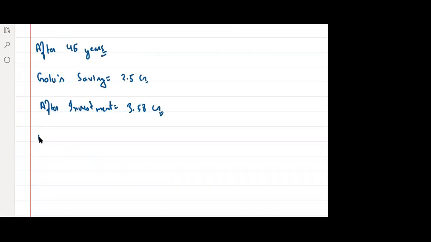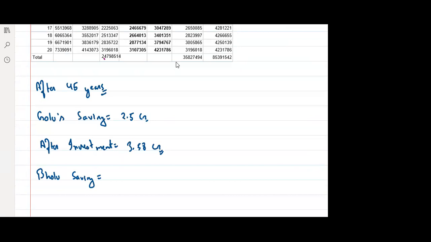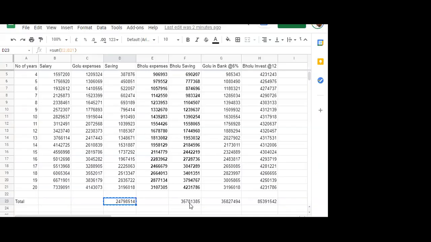When you talk about Golu, right? So Golu's saving is how much? Saving is around 3.5 crores, right? Around 3.5 crores.